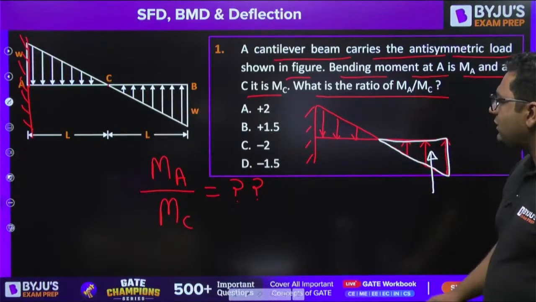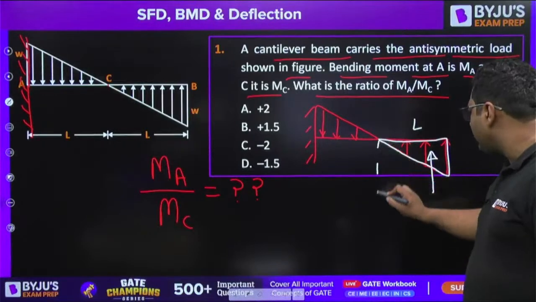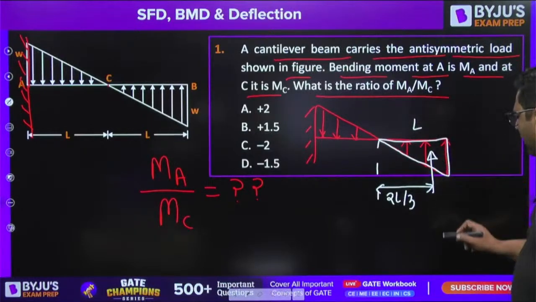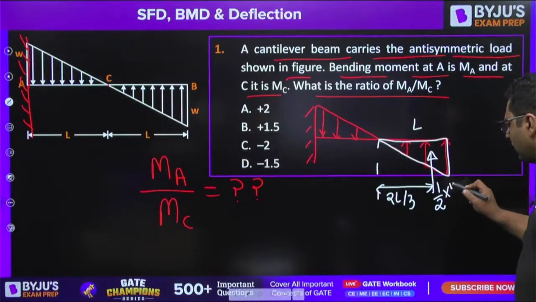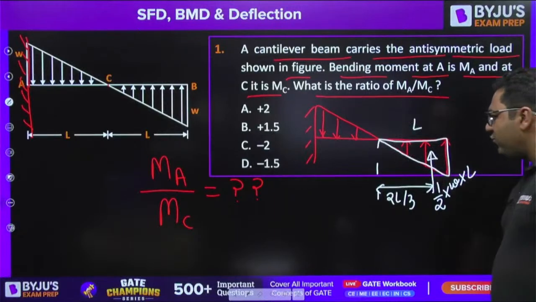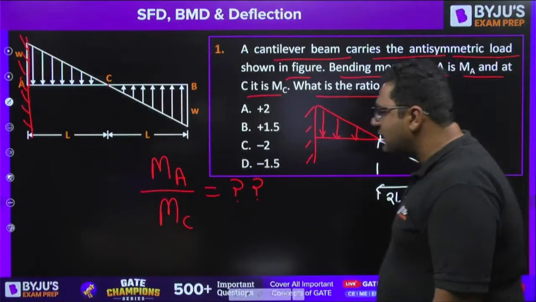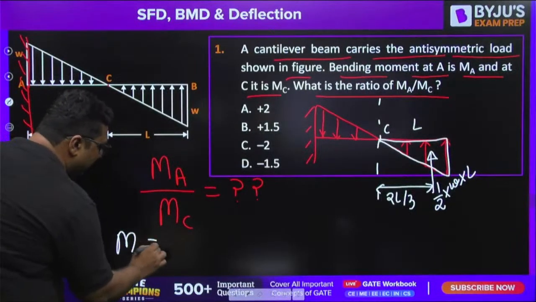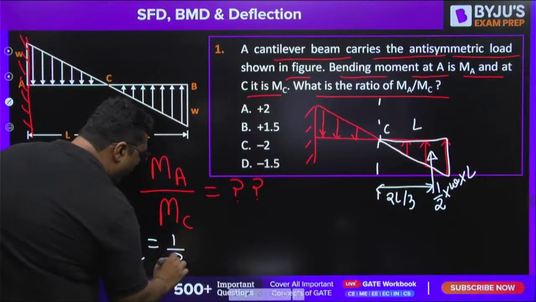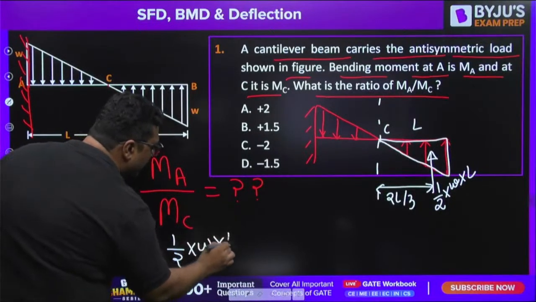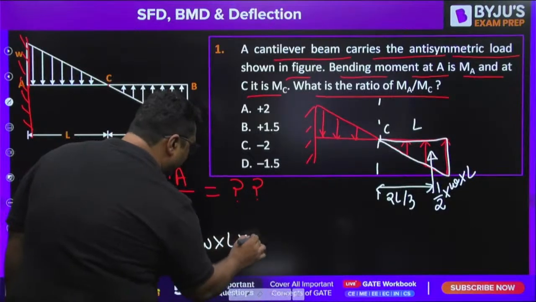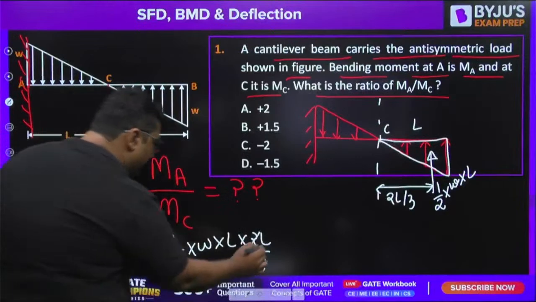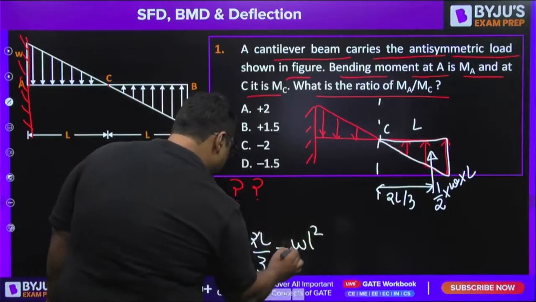If the total length is L, the centroid will be at a distance of 2L by 3, and the area of the triangle is half into W into L. If you find the bending moment at point C, you can directly write it as the area, 1 by 2 into W into L, into 2L by 3. I feel the 2 will get cancelled out, and you will get WL square by 3.